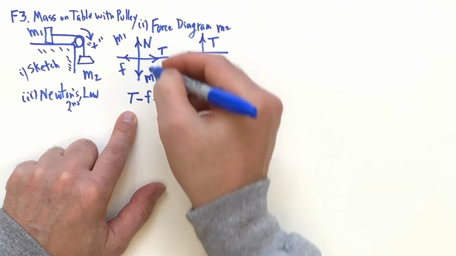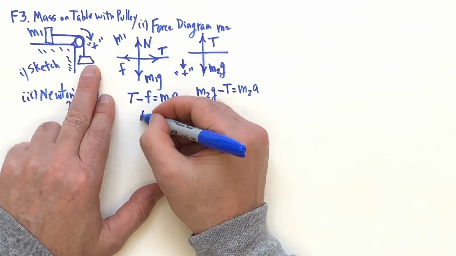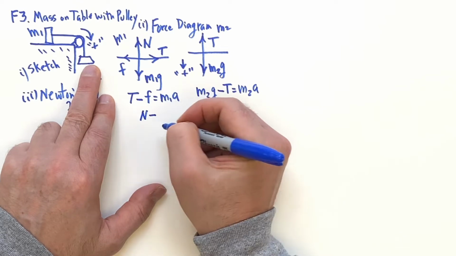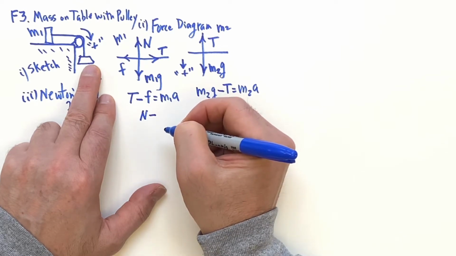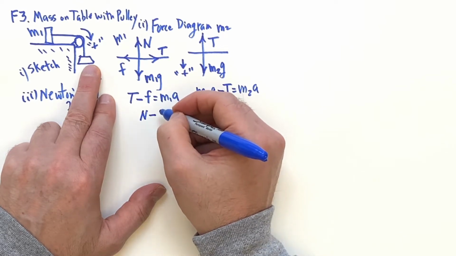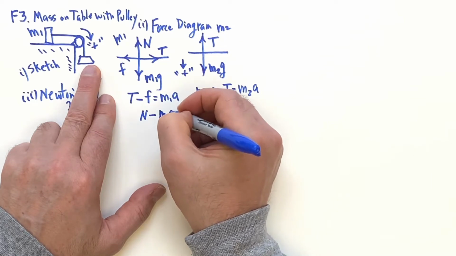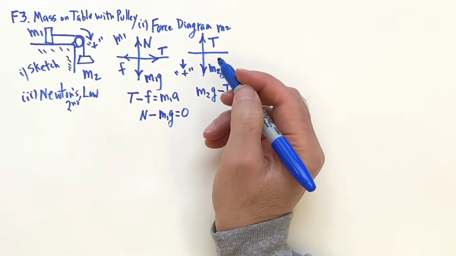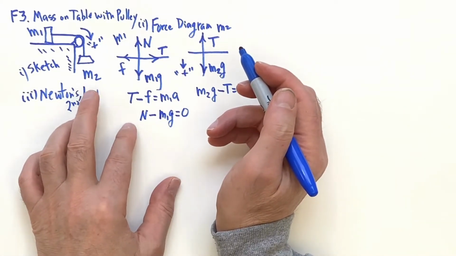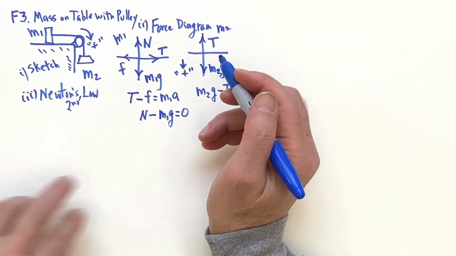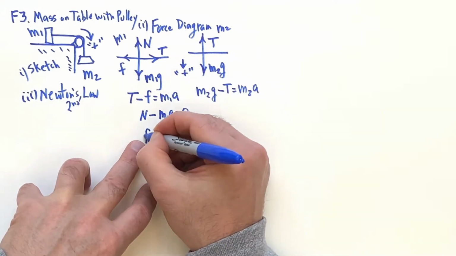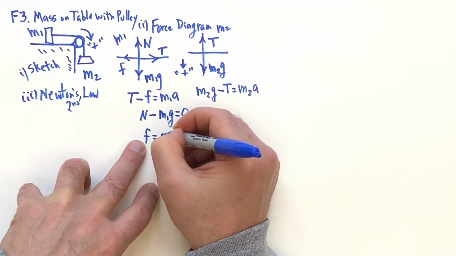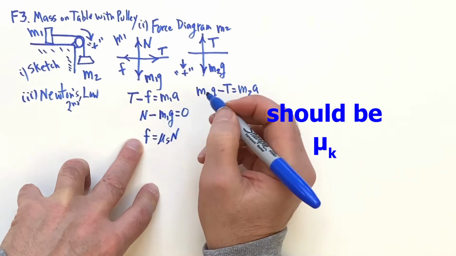And then there's an extra equation here that N going up minus M1G going down is going to be balanced. It's going to get you 0 here. Okay, now you have the auxiliary equation, the friction equation here. This is going to be mu s N.